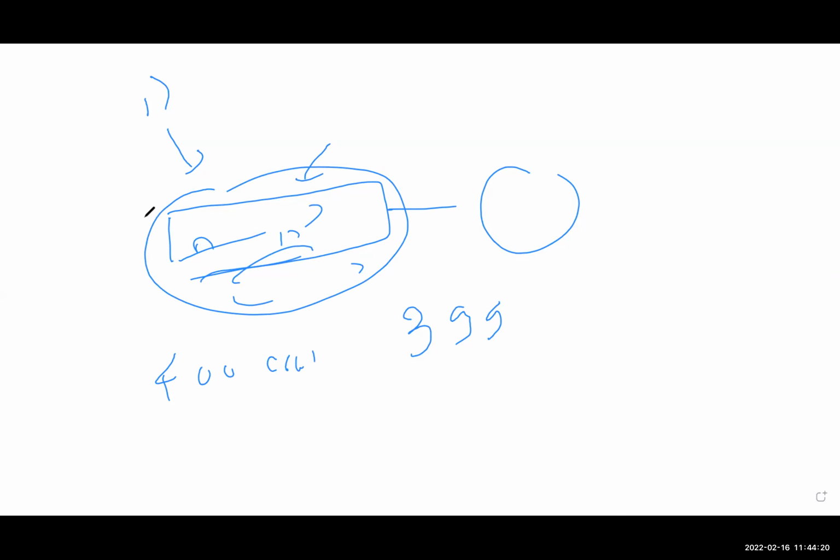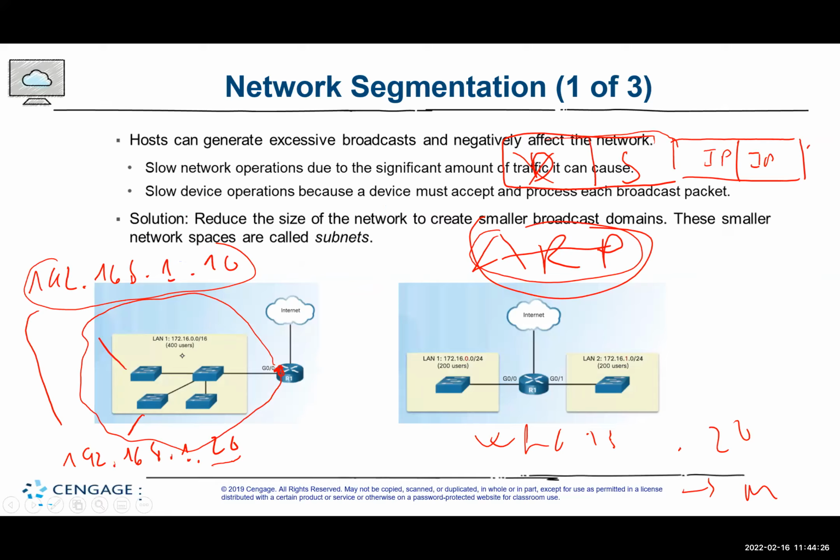Think about my network. At the beginning, I have 400 users. Now I want to break it down into two smaller networks, 200 here and 200 here.